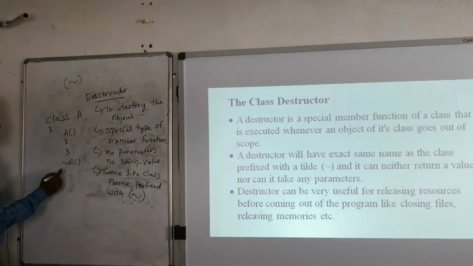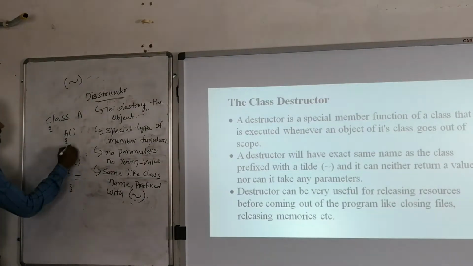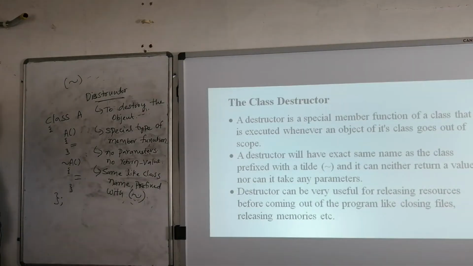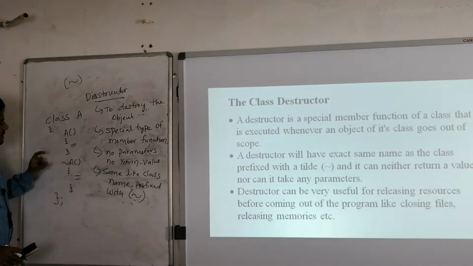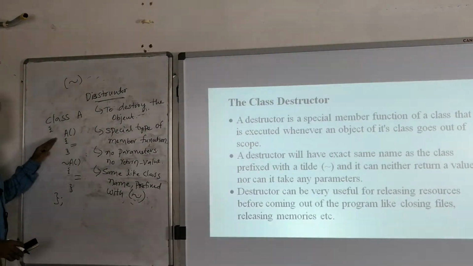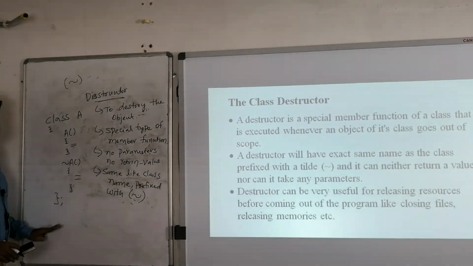You use the tilde symbol along with the code you want to write inside the destructor. Then close the class, with a semicolon at the end. Like your constructor, your destructor also comes inside the class only. It will not come outside the class.